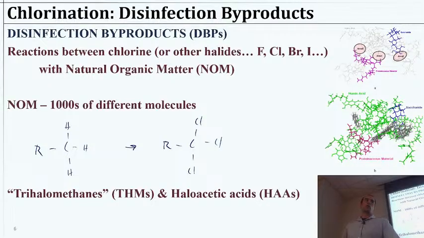Now, it also turns out that if there is a lot of bromine in solution, HOCl will react with bromide and end up giving us HOBr. So we will end up with reactive forms of other halogen species.